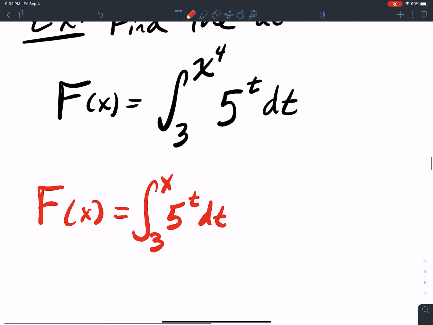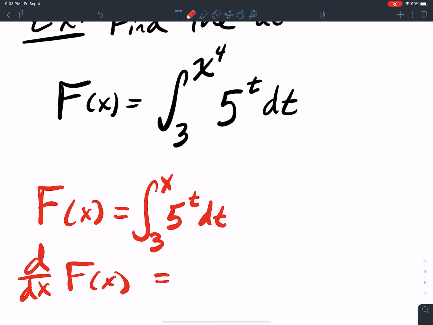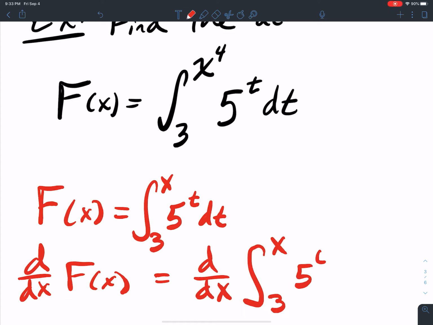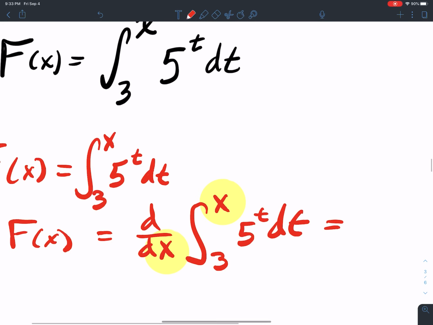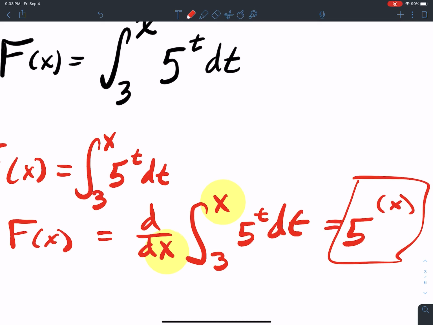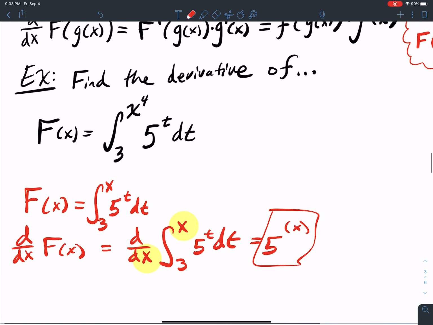And so if I took the derivative of this, well, the reason this is simple is because those two things match there. So literally you take the 5 and you replace the t with what goes up in here in this exponent, and I put the x there, and that's my final answer right there, okay? That's pretty simple.